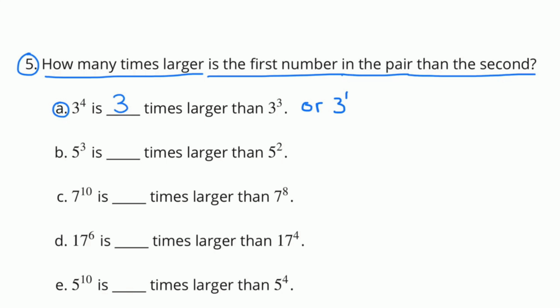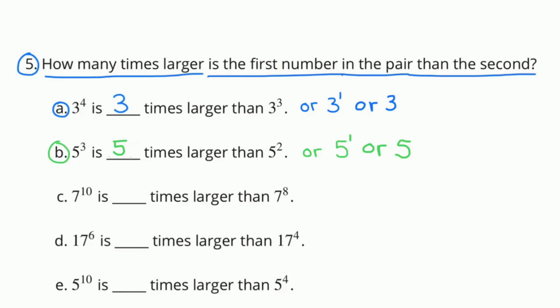Number 5. How many times larger is the first number in the pair than the second? A. 3 to the power of 4 is how many times larger than 3 to the power of 3? 3 to the power of 4 is 3, or 3 to the power of 1, times larger than 3 to the power of 3.